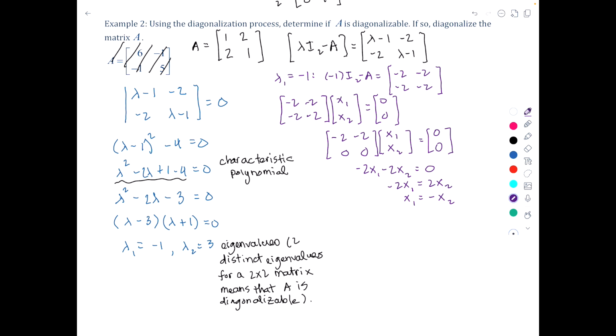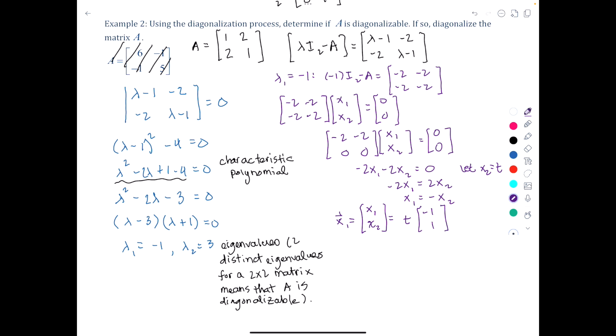So then if we take a look at our x vector, that's equal to x1, x2, which if we let x2 equal t, this will be t, I'll factor out the t, and we'll just get negative 1, 1.